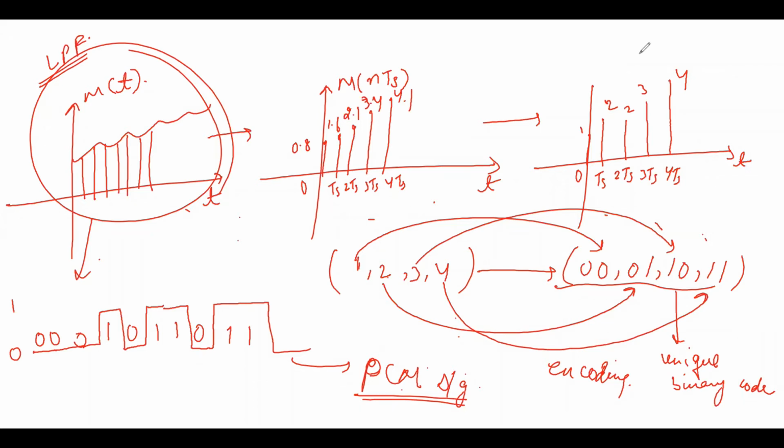I'm repeating once again: quantizer rounds off each of the sampled voltage to the nearest available quantization voltage.